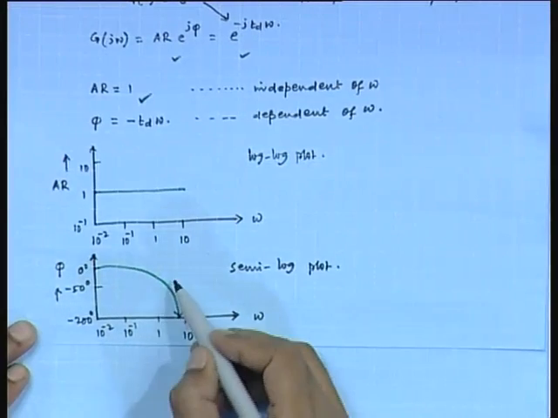Fine. To know the nature of this plot, we need to produce some intermediate data varying the omega value. Ultimately, we get this type of response for phi.